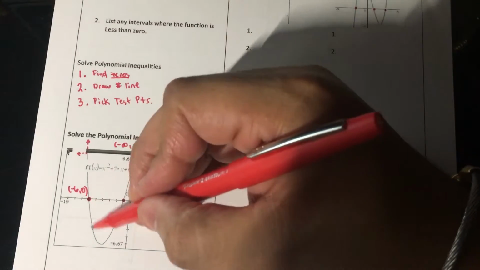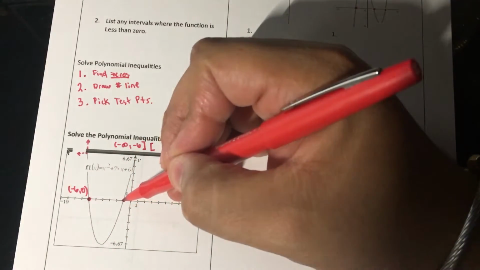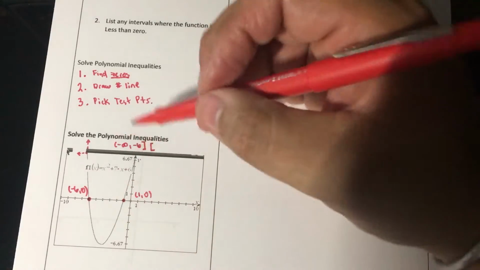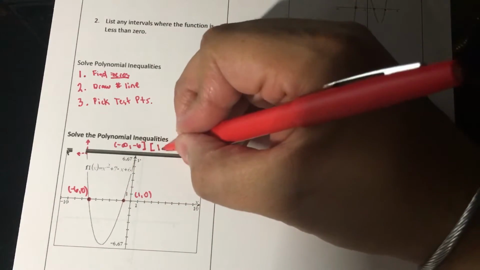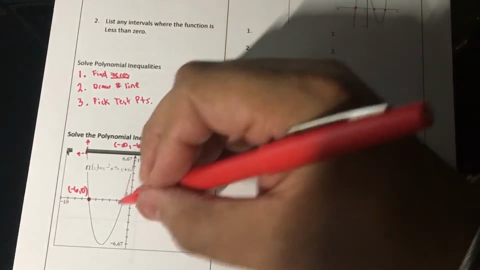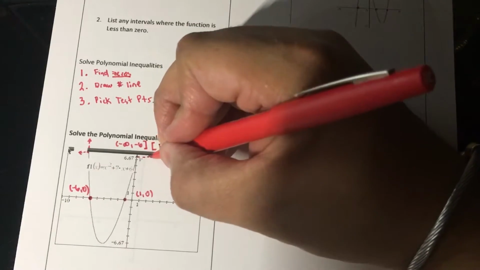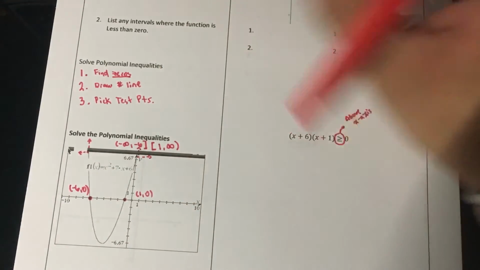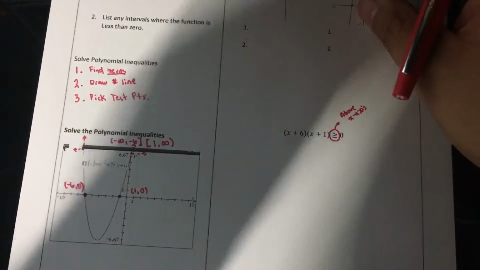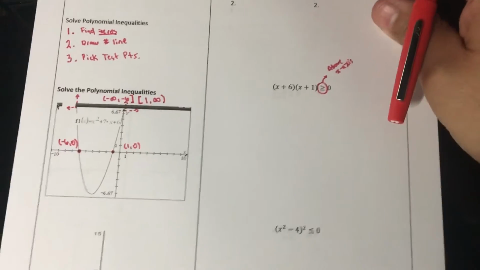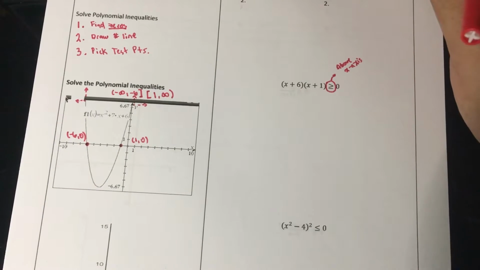And then from negative 6 to 1, I'm below the x-axis, so all of these are negative numbers, so I am not greater than 0. Then from 1 all the way to infinity, I am bigger than 0. So here I'm okay. This is part of my interval. But I'm going to show you again how to do this without the calculator.